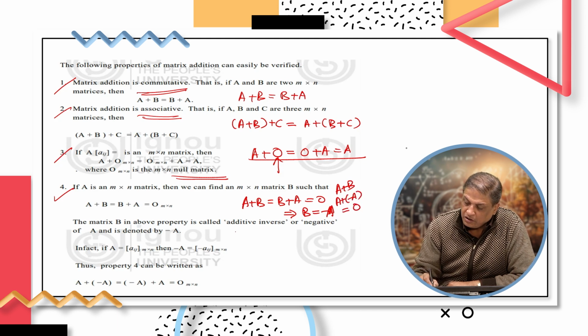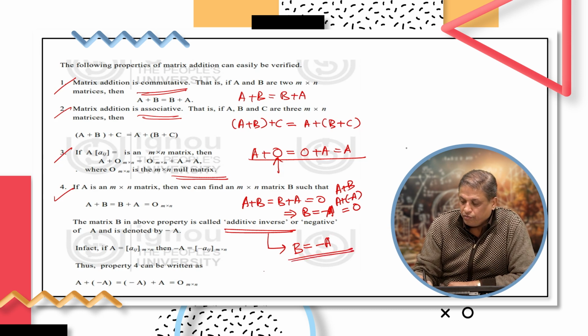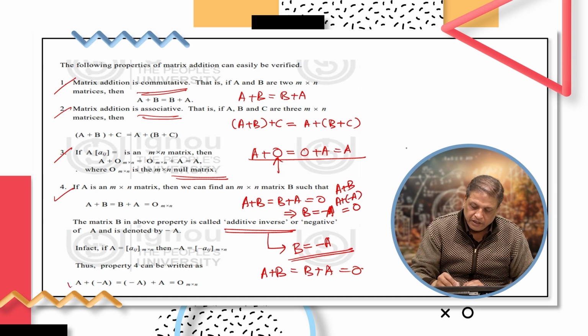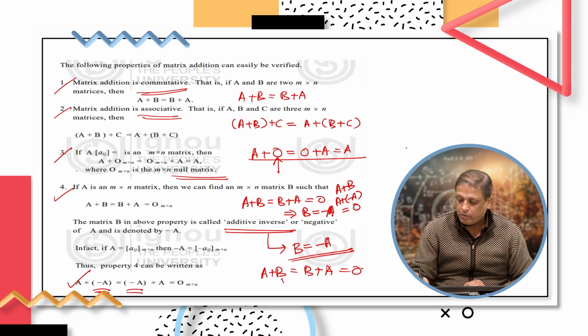So B is nothing but the additive inverse of matrix A. If we want to find an additive inverse, then we need to verify that A plus B should be equal to B plus A is equal to 0. I hope you got an idea, and it is stated over here also that B is the additive inverse, that is equal to minus A.